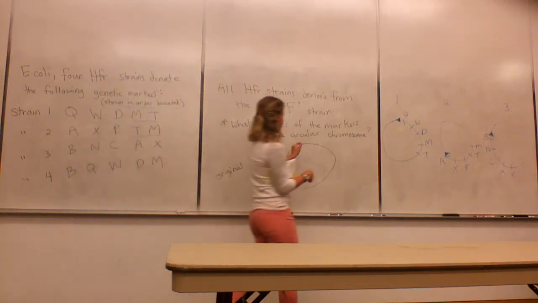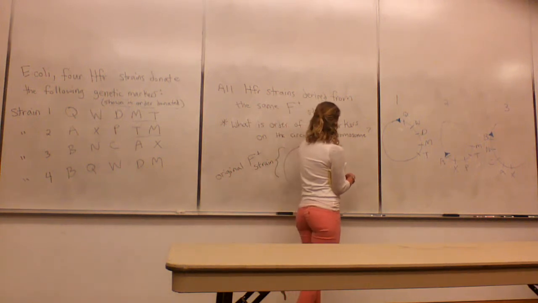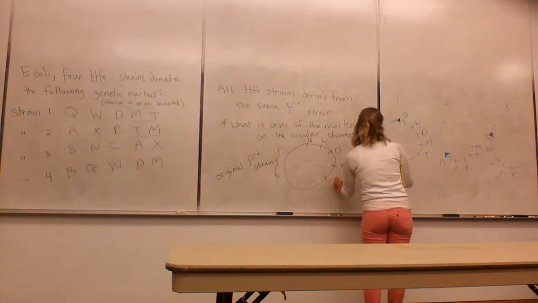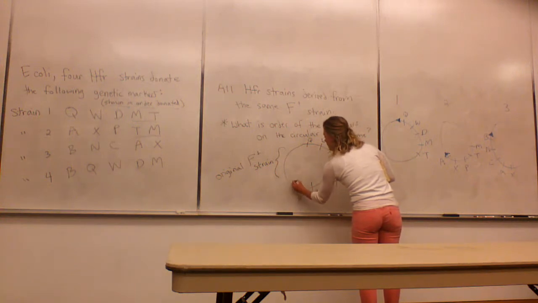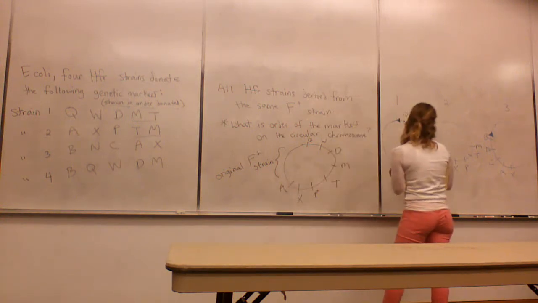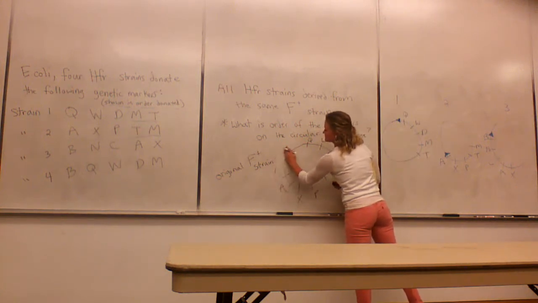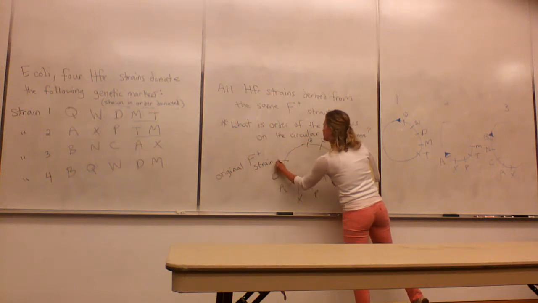You just can add in all of your alleles, or markers, I'm sorry: Q, W, B, M, T, E, X, and A, B, and C. I have a lot more that I missed.